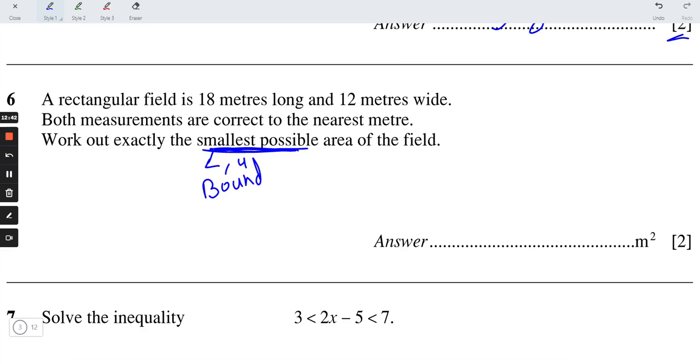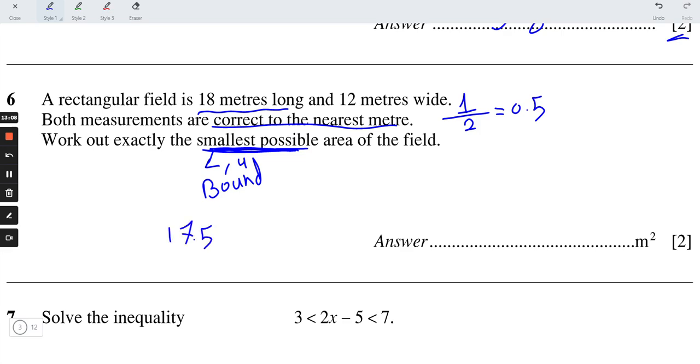Now they corrected it to the nearest meter, that means to ones. Once you should halve it. Once means 1 over 2, which is equal to 0.5. Now for the 18 meters long, we will subtract 18 minus 0.5, we get 17.5.